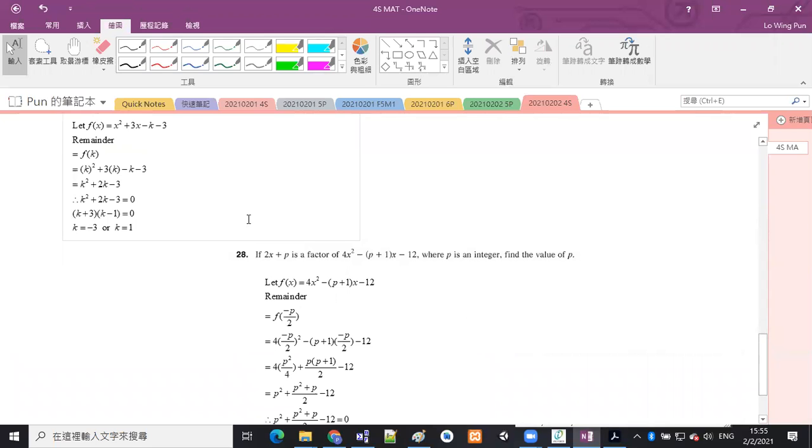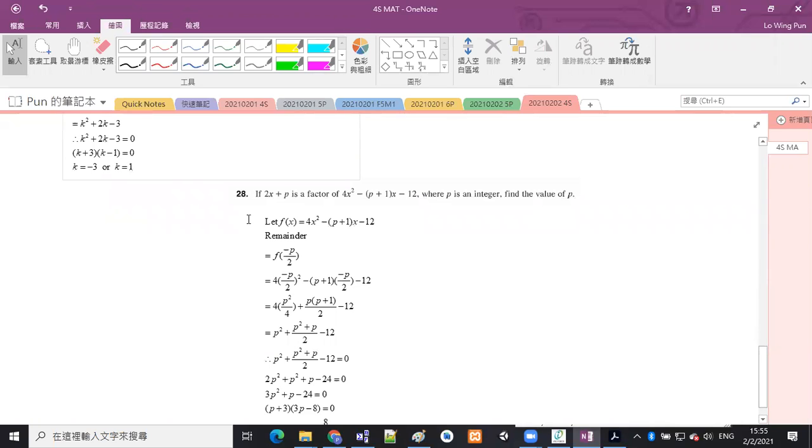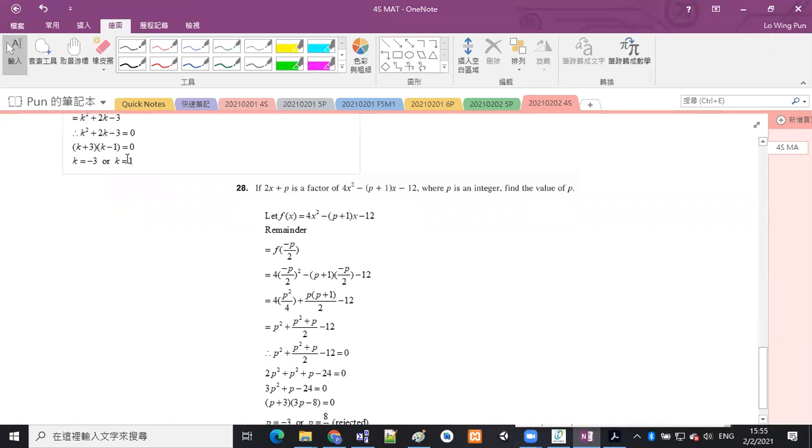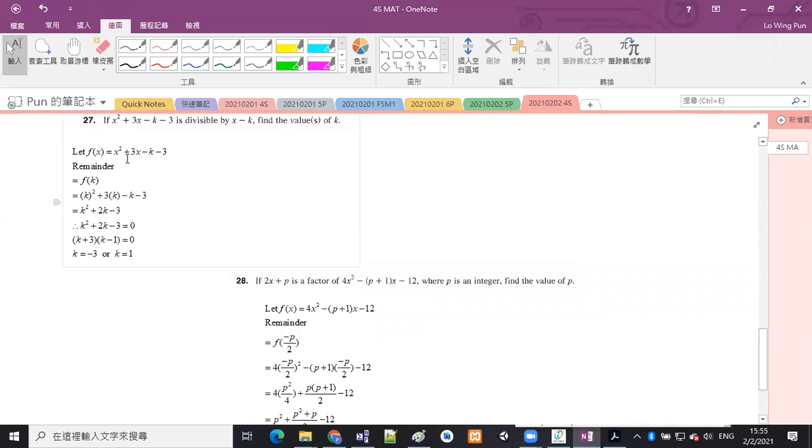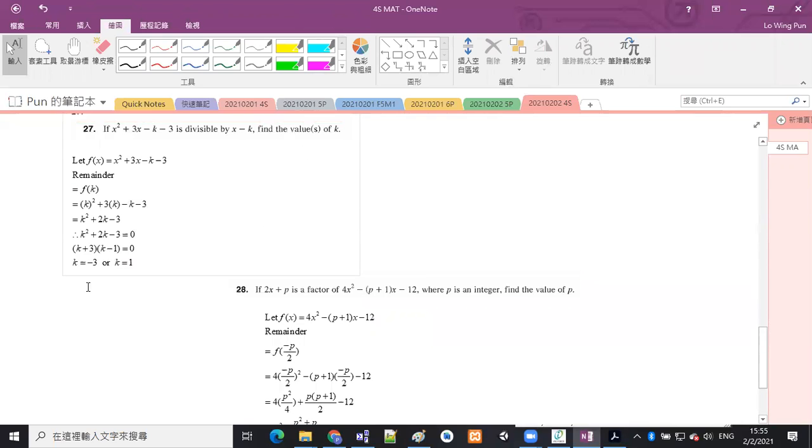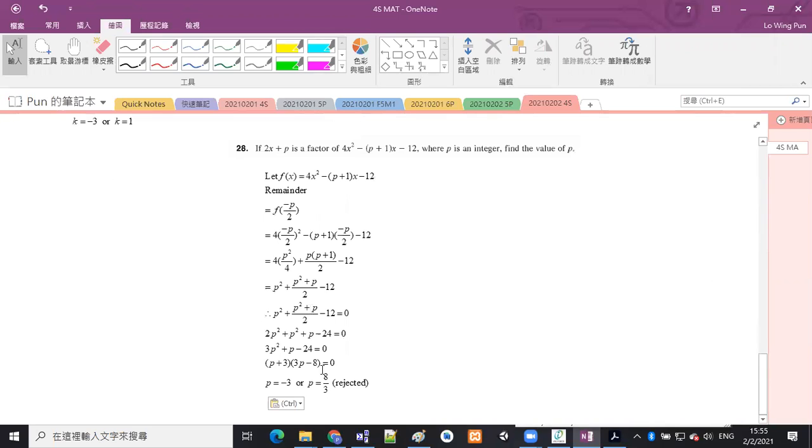When you set the remainder to be 0, you have a quadratic equation, and you just solve for the two answers. So for question number 27, there are 2 values of k, and for question number 28, there are 2 values of p, but p is an integer, so you have to reject the fractional value of p. Do you have any problems up to now?